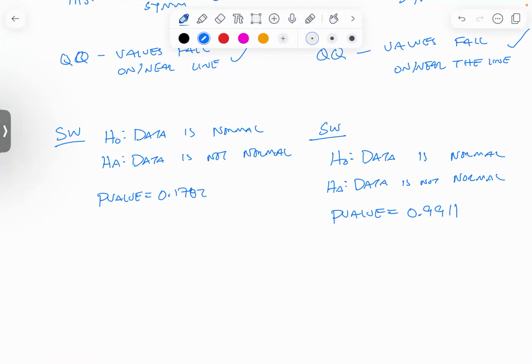So in both cases, both those p-values are high. Fail to reject H0 at the 5% significance level.